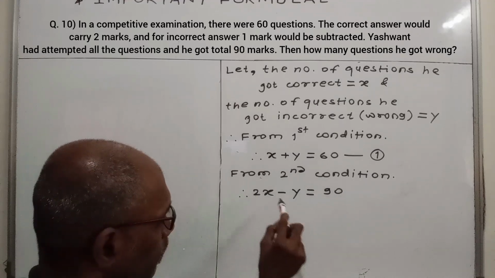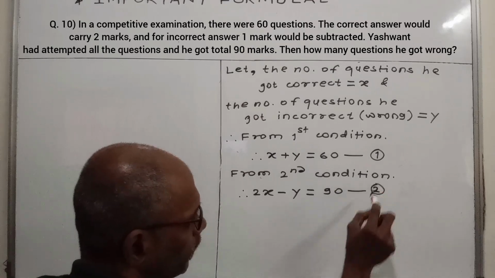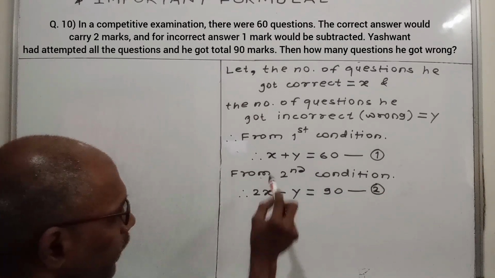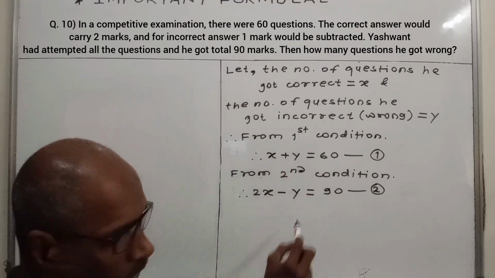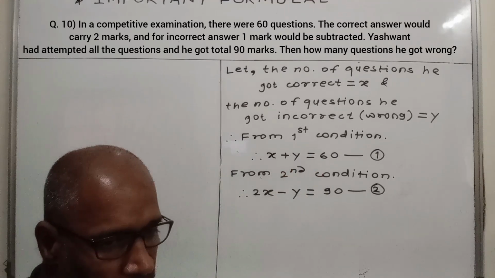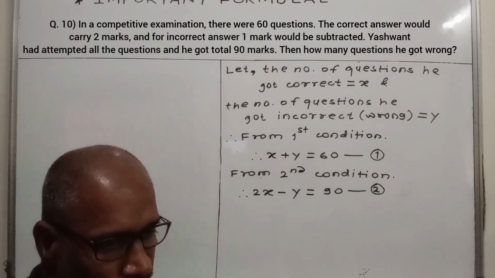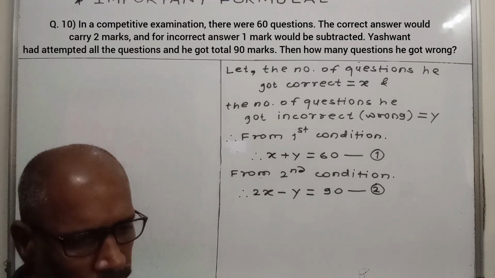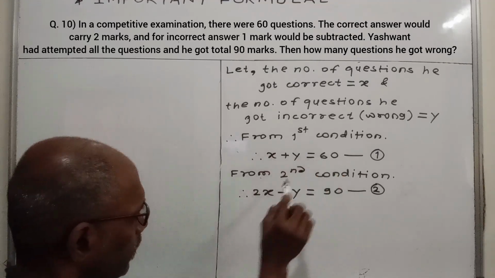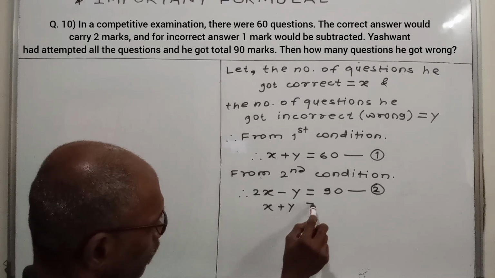Therefore, 2x minus y is equal to 90. Equation number 2. Exactly below. Now see here. Here coefficients of y are same, 1, 1. Did you get it? So there is no need to equate them again. You write exactly below here this equation number 1.